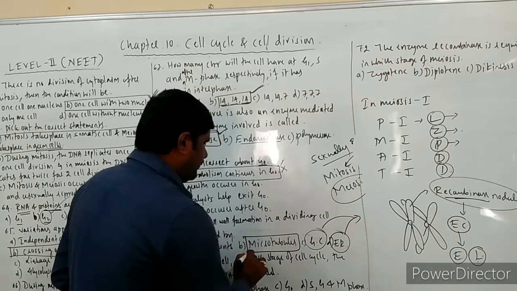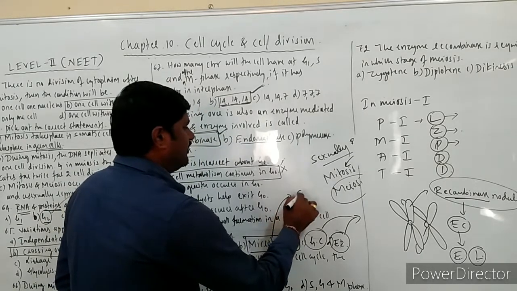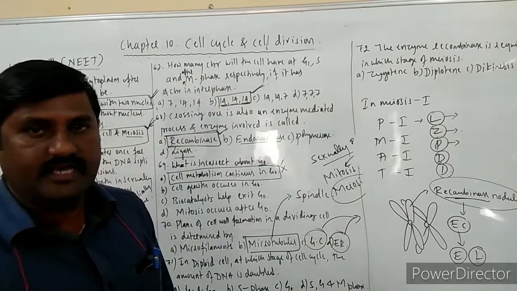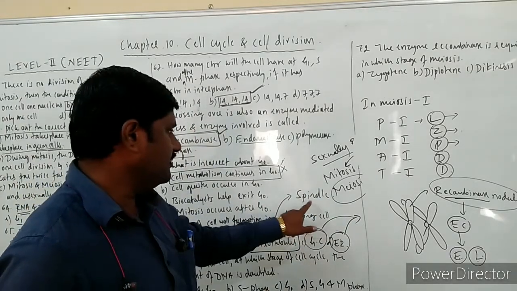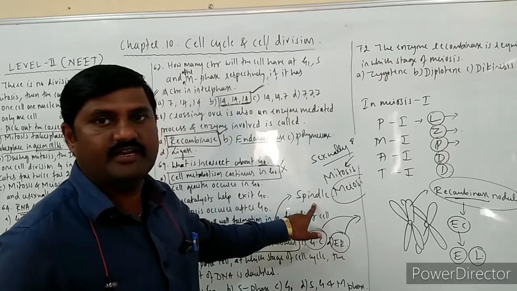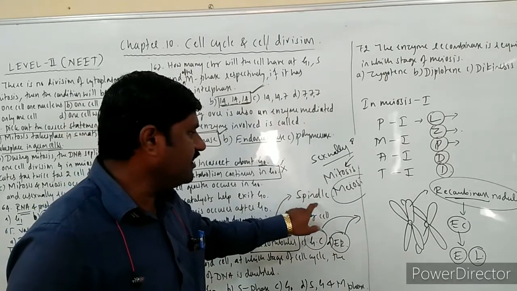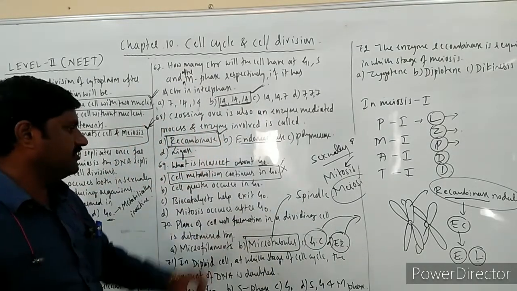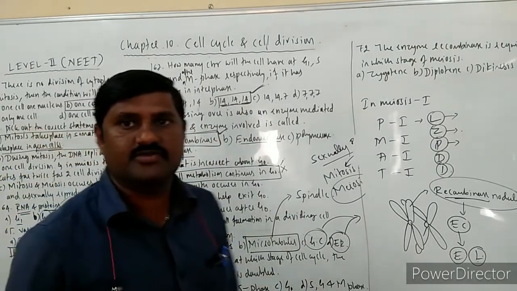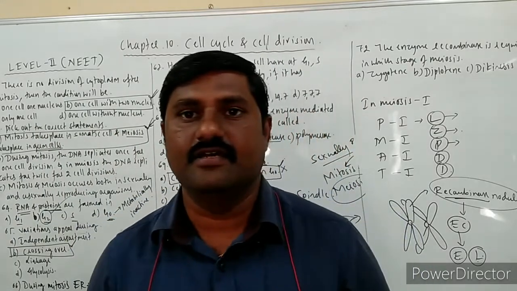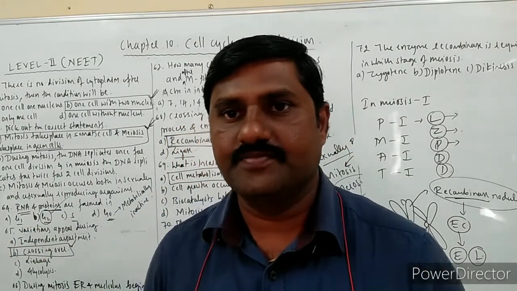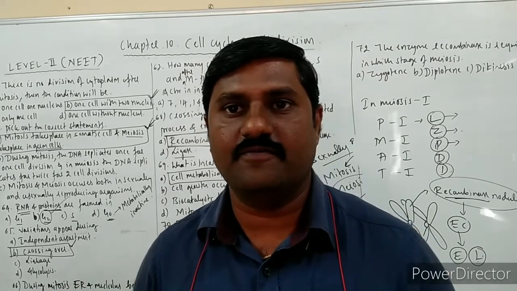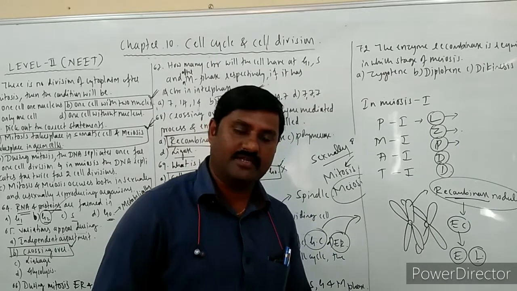Microtubules. These microtubules form the spindle fibers. Tubulin is the protein that forms these microtubules, and the microtubules form the spindle fibers, and these spindle fibers decide the cell wall formation. Why? Because the spindle fibers are organized at the equatorial plate, and there the gathering of some vesicles of the Golgi complex also takes place.